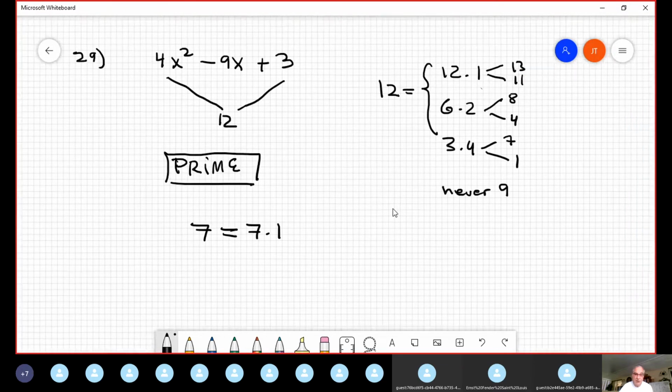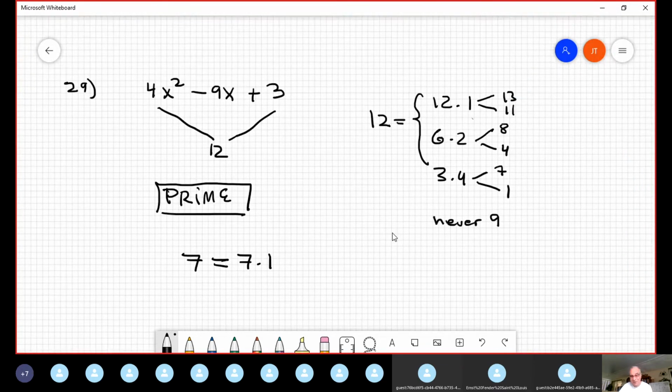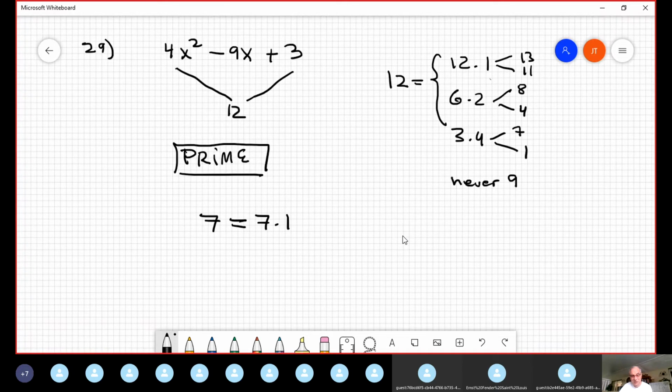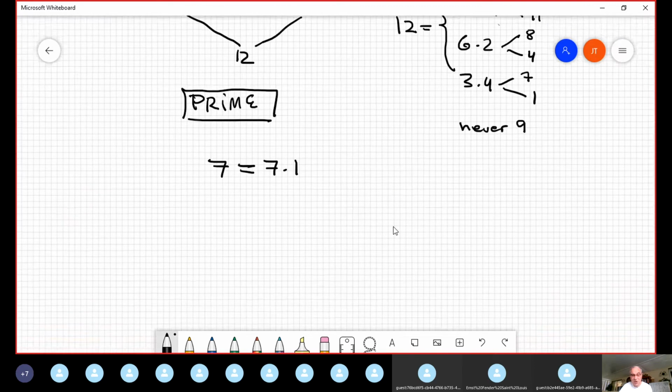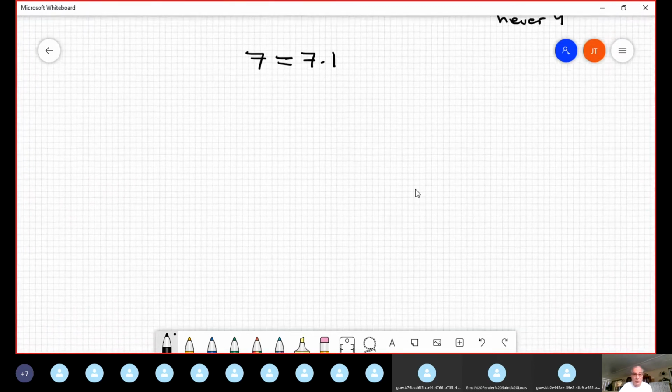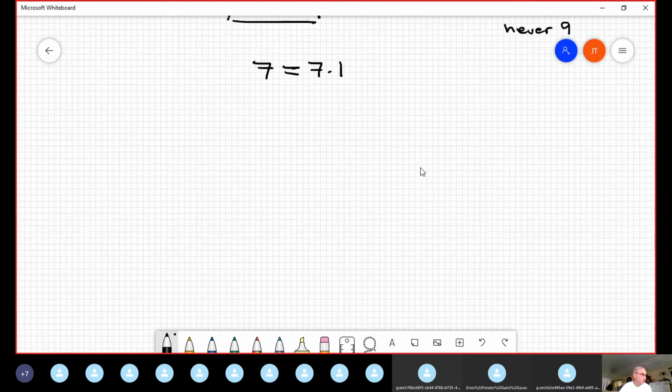Do you understand this idea? So it does not always happen. Of course, in the test, I try to put examples that have a possible factorization, because in the test I want to evaluate.